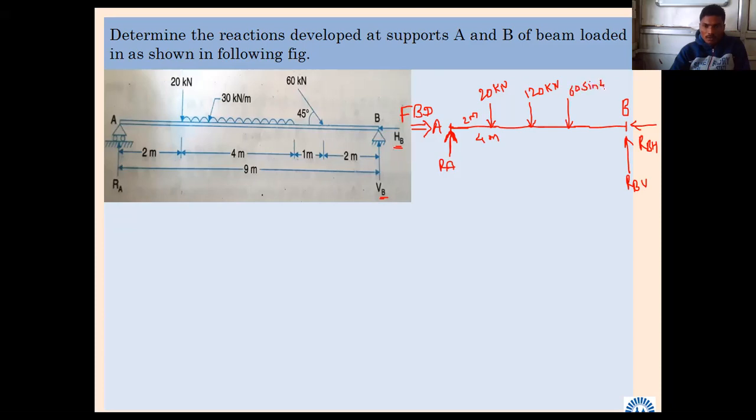And in this way, towards this, 60 cos 45. Okay. And what will be the distance of that from point B? 2 meter, no? And this total will be 7.